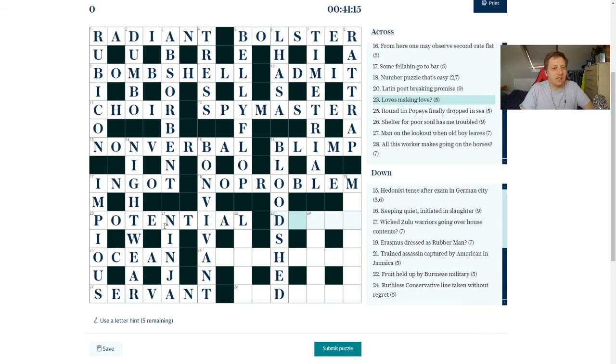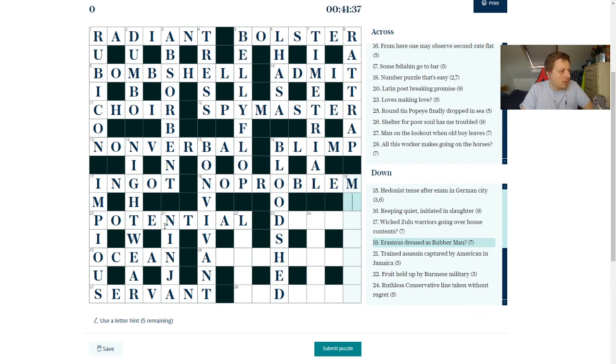In the fox hunting sense. Okay. Not sure on the loves making love, so I'm going to go to 19 down. I'm going to go very quick now. Erasmus dressed as Rubberman. I assume it's an anagram of Erasmus, maybe?